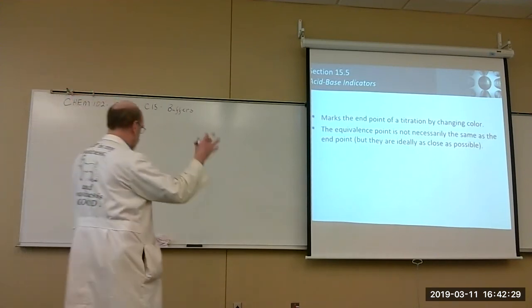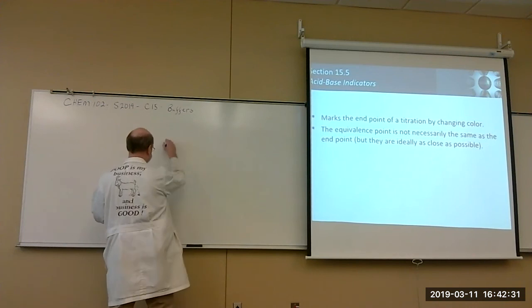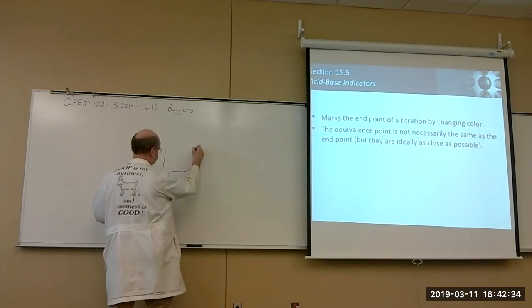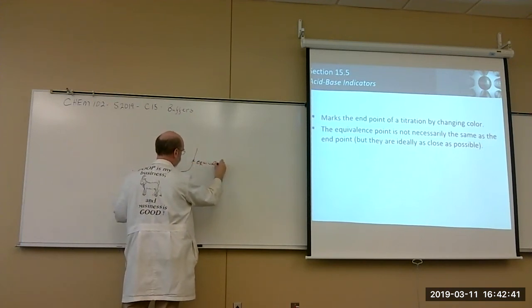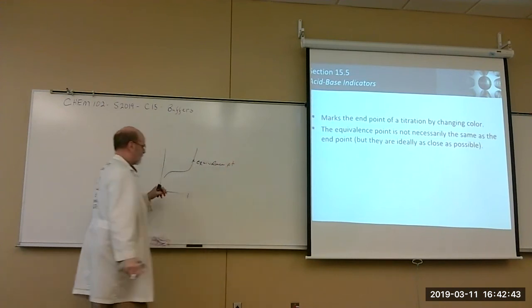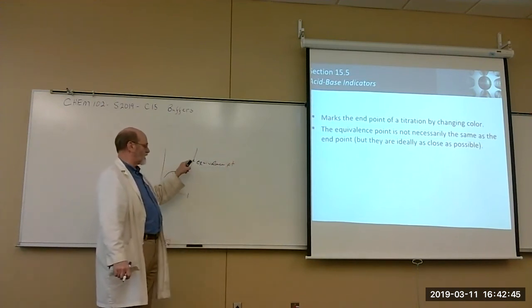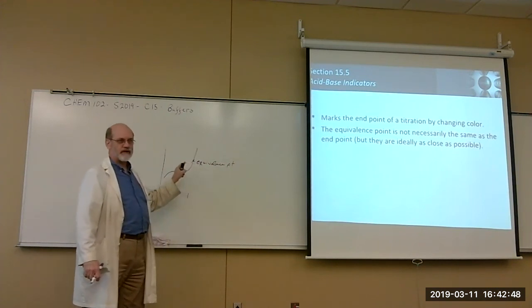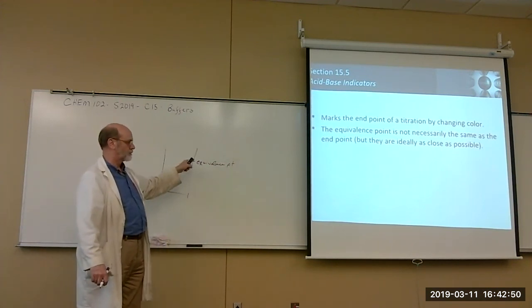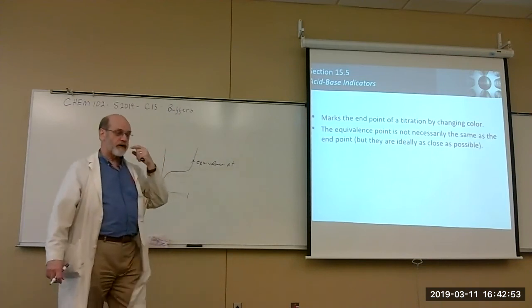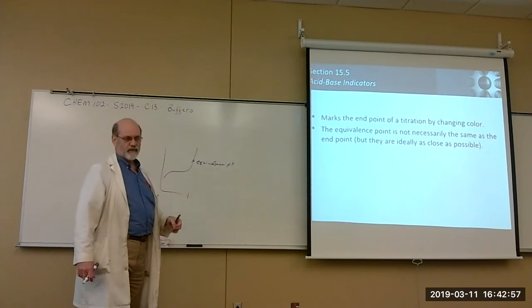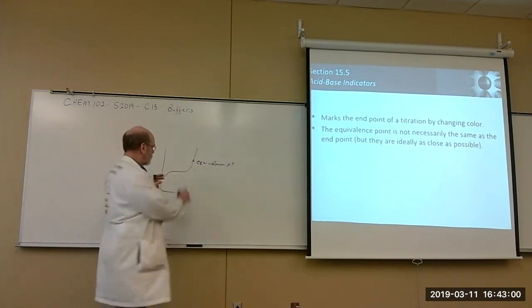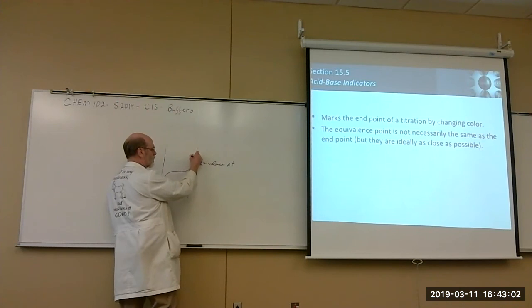When you do a titration curve and you have the equivalence point, that is the exact point at which stoichiometry is complete. But if we're going to use an indicator, we can't necessarily say the equivalence point, because the indicator might change color down here, or it might change color up here.